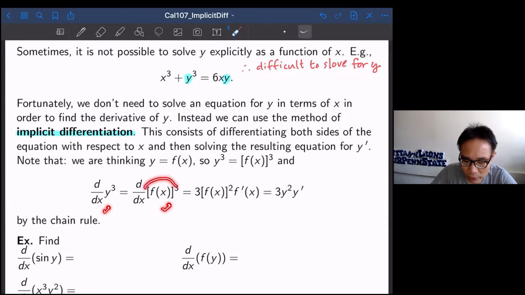The 3 will come down, and it's going to be 3 f(x) squared times the derivative of the inside, f prime of x. So it's going to be 3y squared y prime by using the chain rule. We're just thinking about y as a function of x, and then we differentiate using the chain rule.